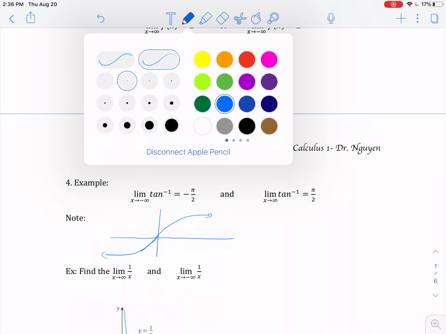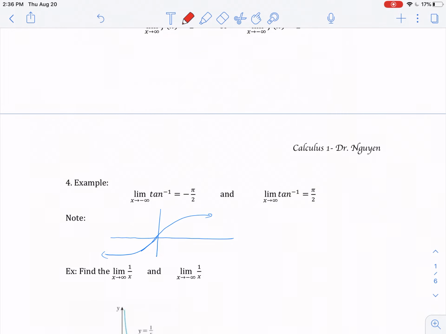So this line right here and this line right here, this one is pi over 2 and this one is negative pi over 2. And in fact, those two are the limits.